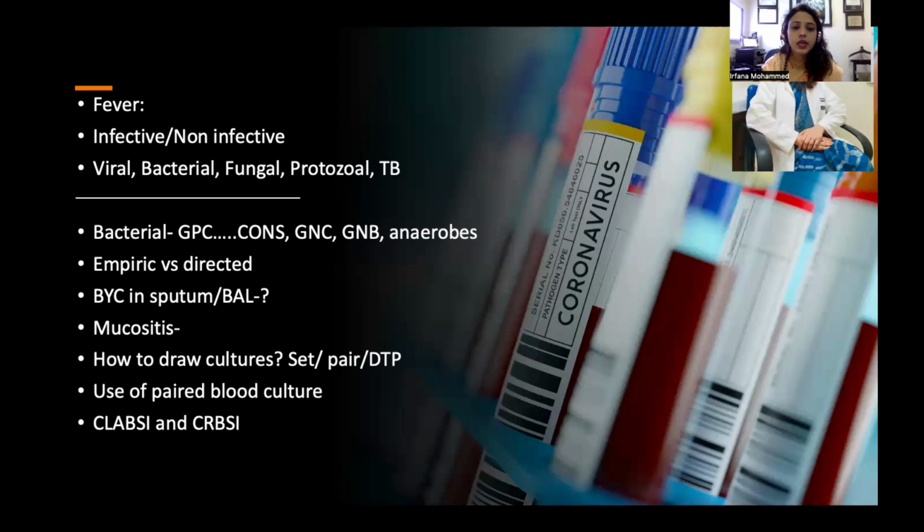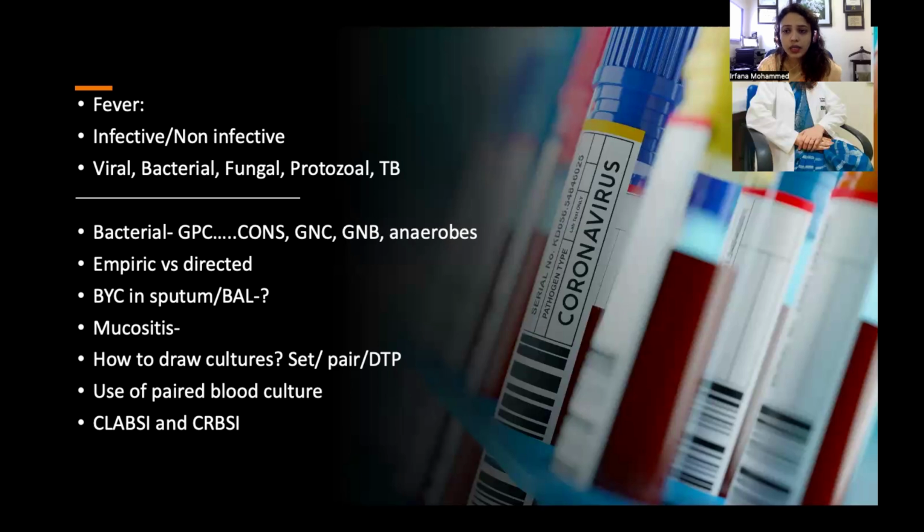And coming to gram negative cocci like Neisseria gonorrhoeae, Neisseria meningitidis, we encounter them sometimes in our practice, but more common which we see in our ICUs and in IPDs are gram negative bacilli. Even gram negative bacilli are divided into Enterobacteriaceae and non-Enterobacteriaceae.